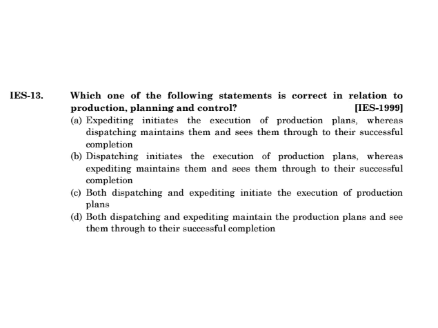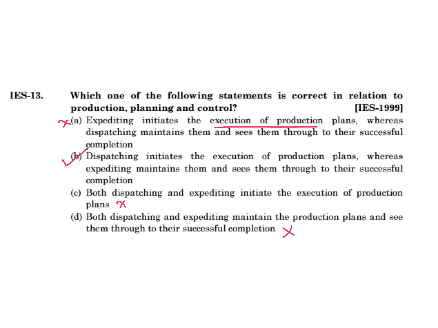Dispatching initiates the execution of production plan, correct, whereas expediting maintains them and sees them through their successful completion. Both dispatching and expediting initiate execution, no. Both dispatching and expediting maintain, no. B is the answer.